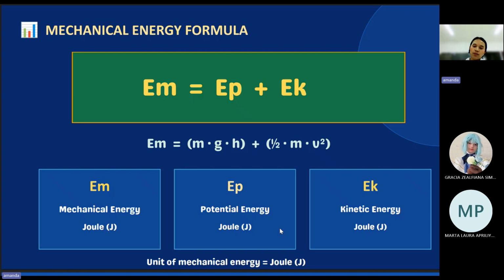Or if we expand it, energy mechanic equals m times g times h plus half times m times v squared. Please remember that whether it is mechanical, potential, or kinetic energy, they all share the exact same scientific unit, which is the joule, symbolized by a capital J.